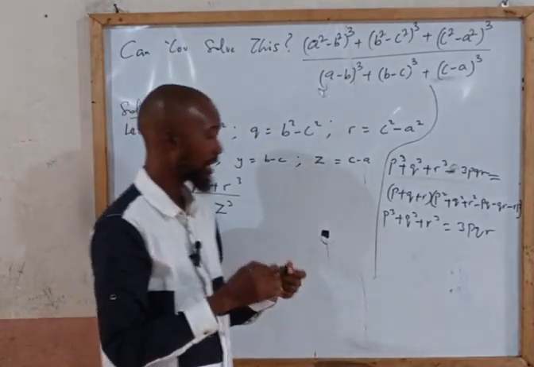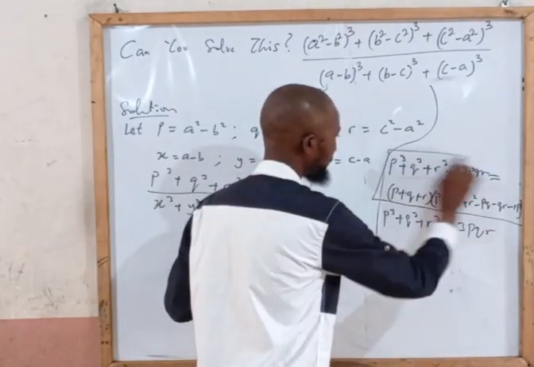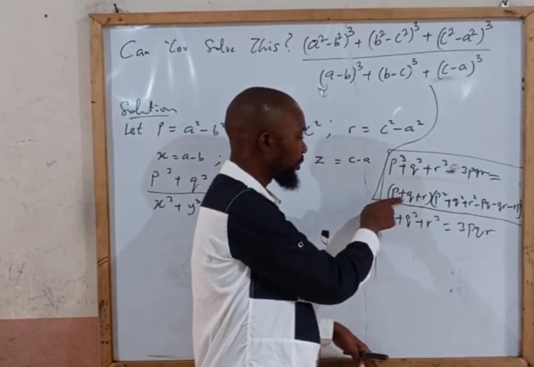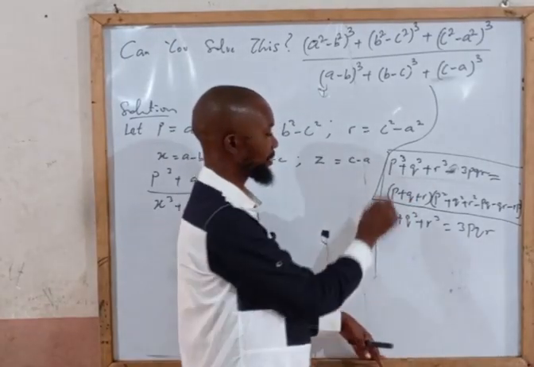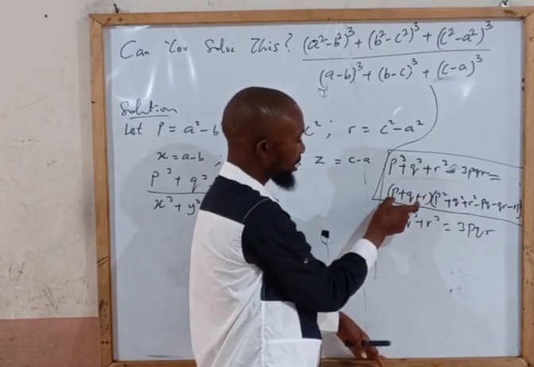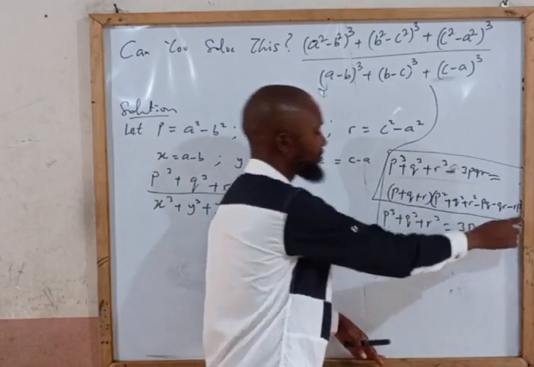So let me go over that area once again. This is a given identity. Whenever the addition of P, Q, and R is equal to 0, this factor being 0 and multiplying this other factor, the mere fact that this one is 0 automatically changes the whole item I have here into 0.